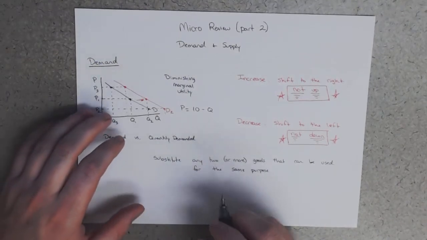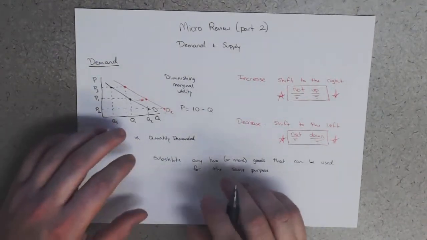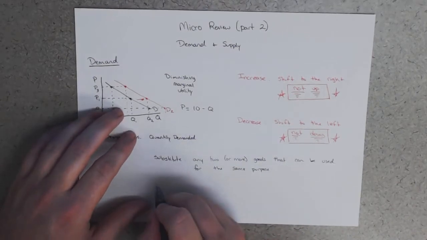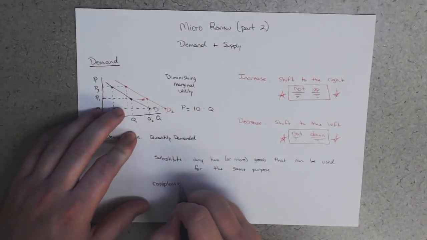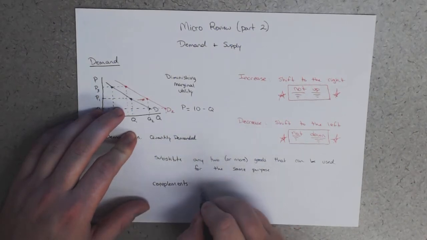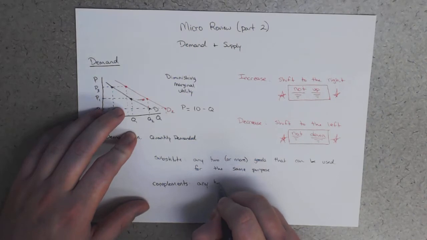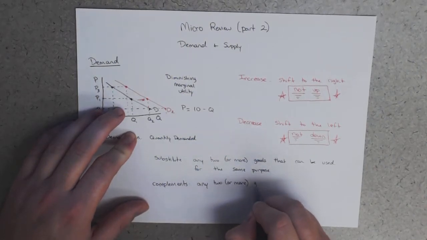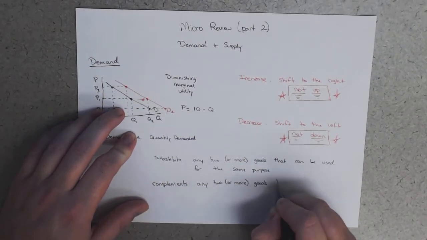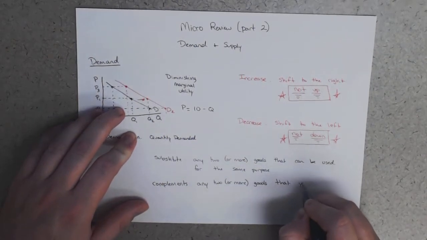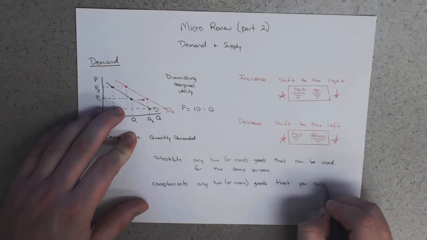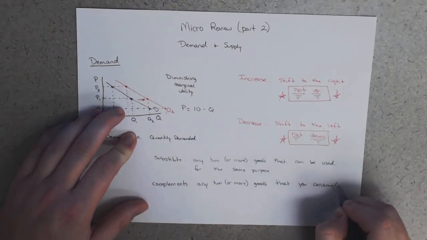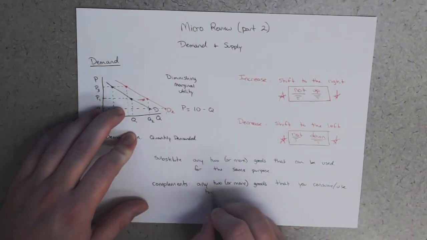The other flip side are what we call complements. A complement, or complements, are any two or more goods that you consume or use together.